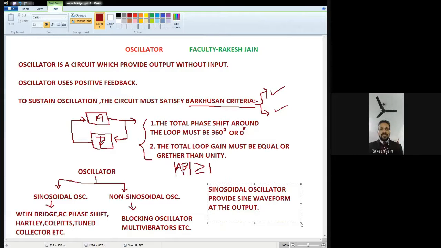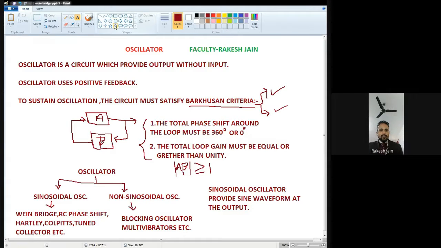The frequency of this sinusoidal sine wave is known as the frequency of oscillation. So today we are talking about the Wein bridge oscillator.